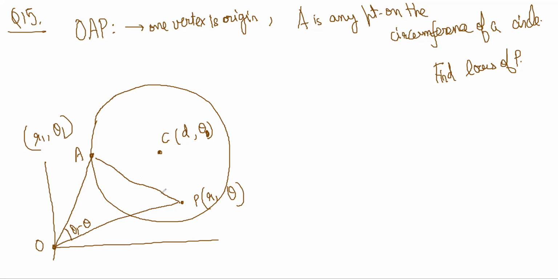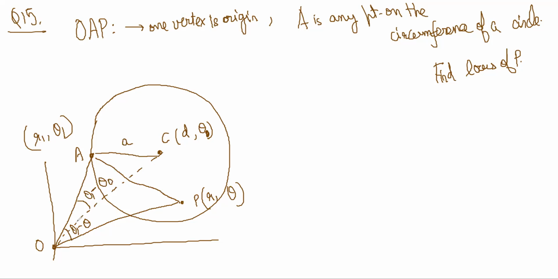And OAP and OPA. Also this angle AOC is basically theta 1 minus theta naught, right? So this is a circle, this is the radius of the circle, let's say the radius is a.